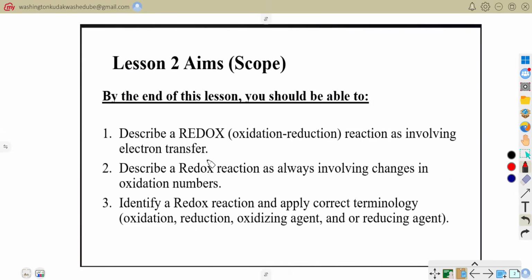And then we are supposed to be able to identify a redox reaction and apply correct terminology to redox reactions, for example, oxidation, reduction, oxidizing agent, as well as reducing agent. So by the end of this lesson, we are supposed to be able to do these three listed scopes.